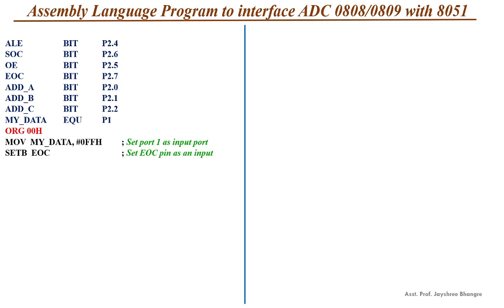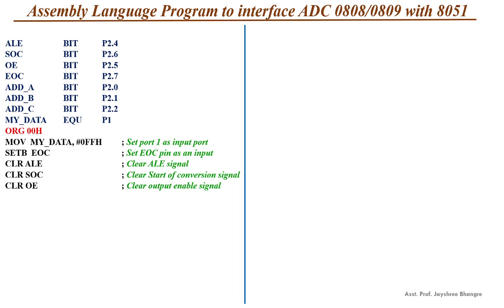Now set bit EOC, we are making this pin equal to 1. Clear ALE, so here we are making this pin equal to 0. Then clear the start of conversion pin, and we are again making the output enable signal pin 0.